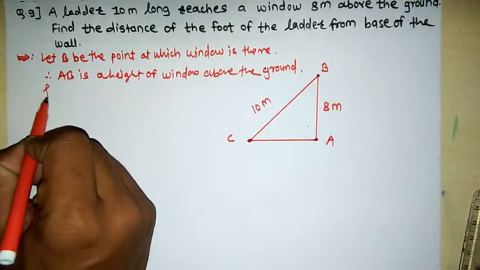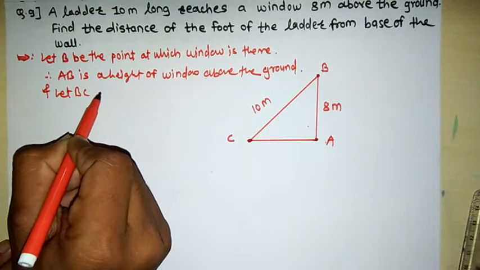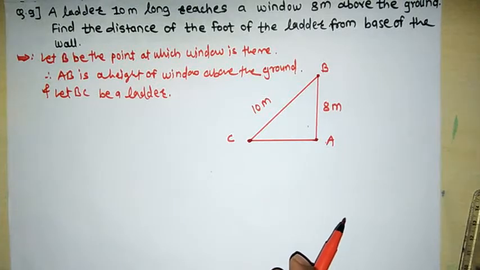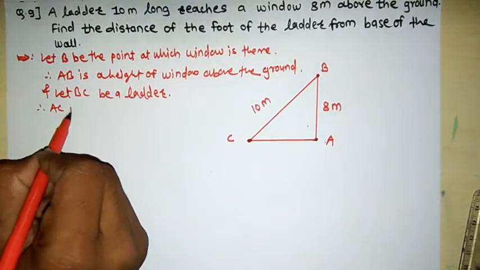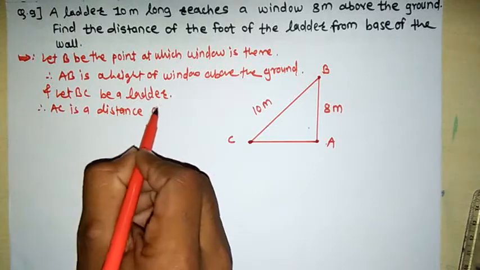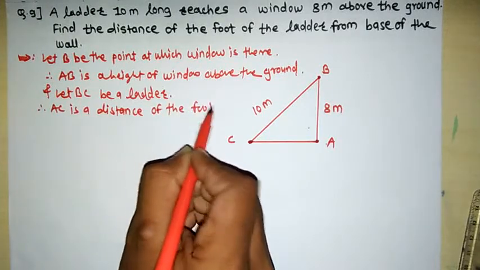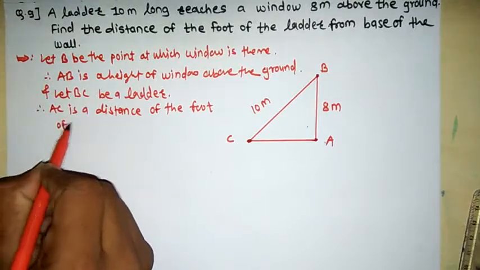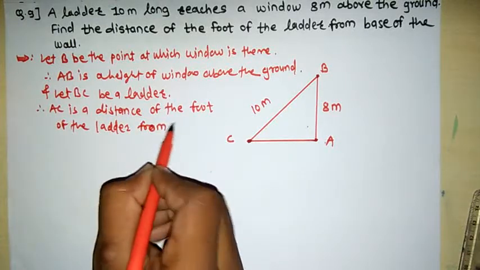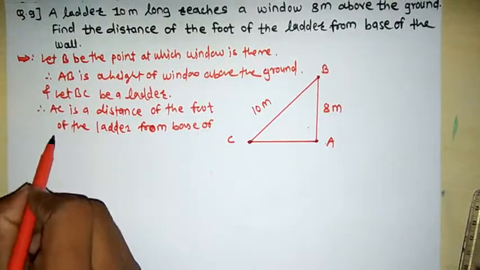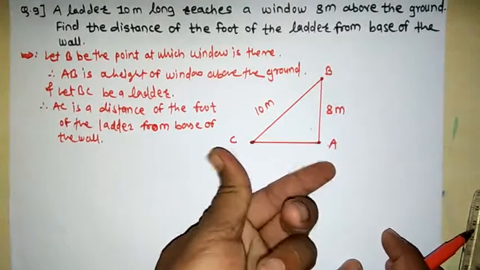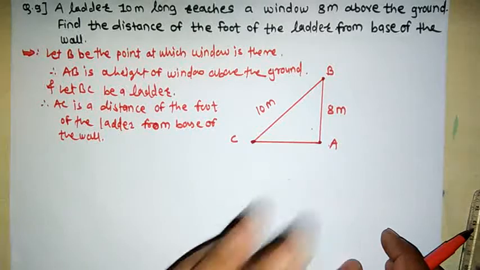And let BC be a ladder. Therefore, AC is the distance of the foot of the ladder from the base of the wall.